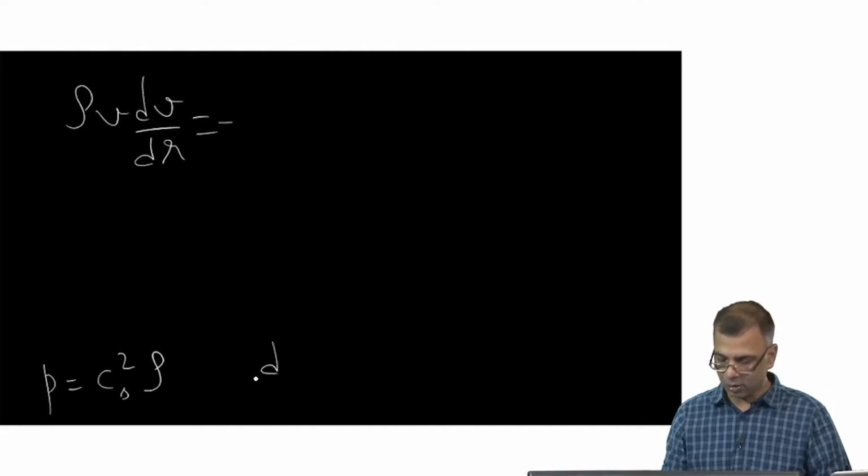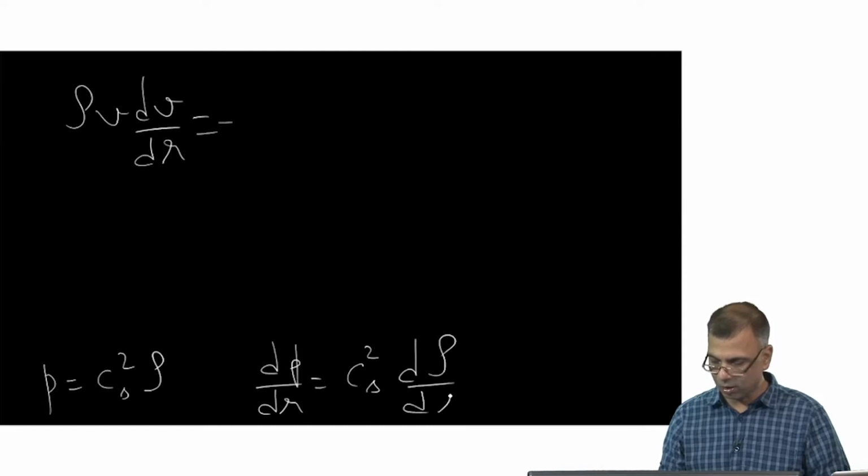So, dp dr is equal to Cs squared d rho dr. You agree?